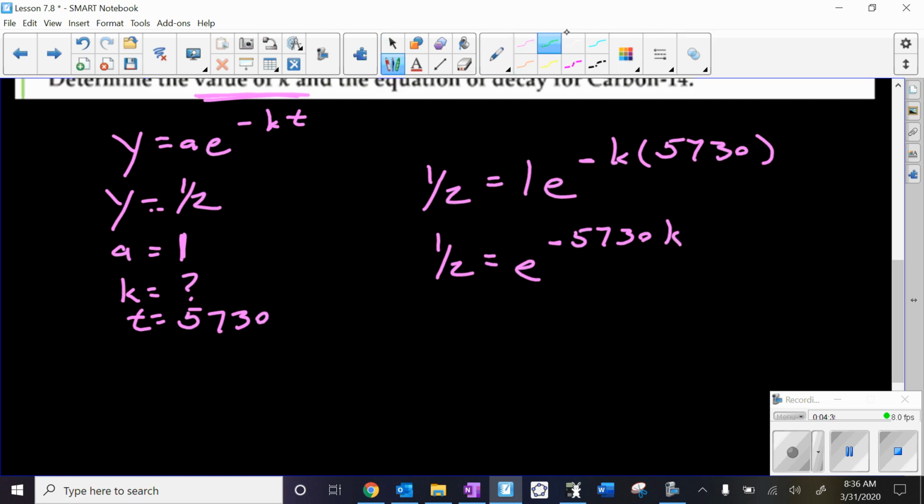And then if you remember from section 7, remember to pull that exponent down. We're going to use a log to pull it down. And since our base is e, we're going to say let's take the natural log of a half, and that should equal negative 5,730 k natural log of E. We dealt with this a lot in the last section, but the natural log of E was just a value of 1.